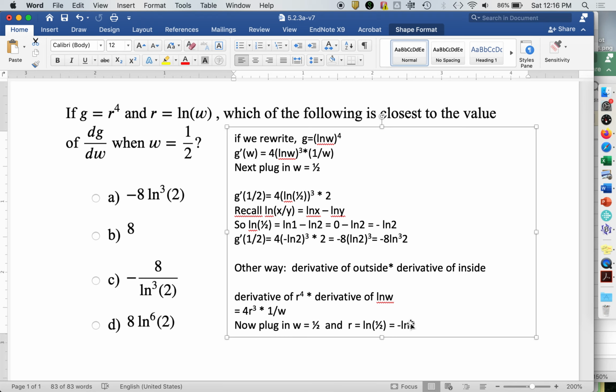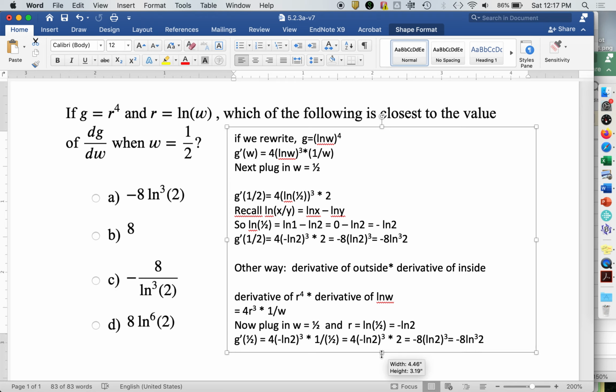Earlier, I already showed that natural log of 1/2 is negative natural log of 2. So r is negative natural log 2. Now put 1/2 in for the w, so you'll have 1 over 1/2, and plug in the negative natural log of 2 for the r.